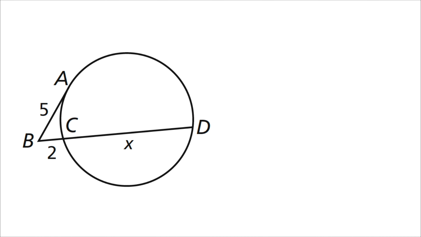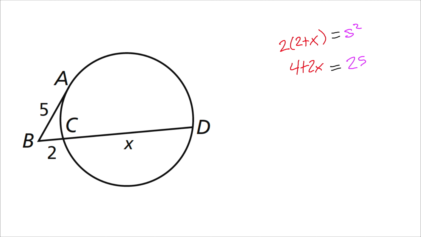All right, let's try this one. Okay, this is a tangent and a secant. So on the secant side, we do 2 times 2 plus x. And on the tangent side, we're just going to say 5 squared. So this becomes 4 plus 2x, and that's going to be equal to 25.